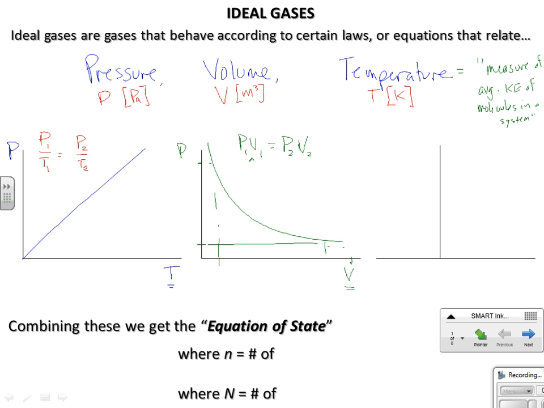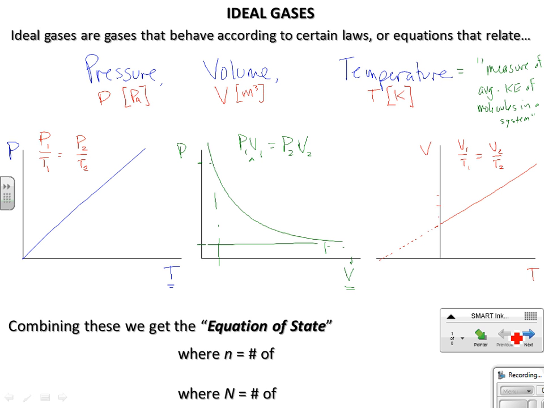The last one is we can relate volume and temperature, and that looks something like this. It's a direct relationship, so we can say that V1 over T1 is V2 over T2. If we trace this all the way back to here, there's some temperature at which a gas occupies 0 volume.